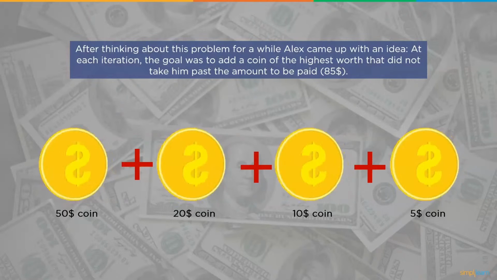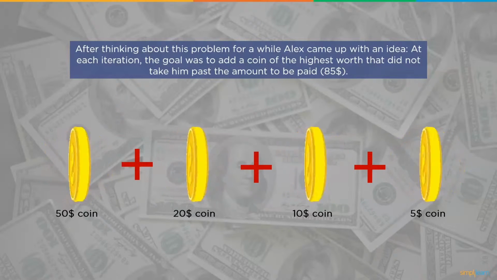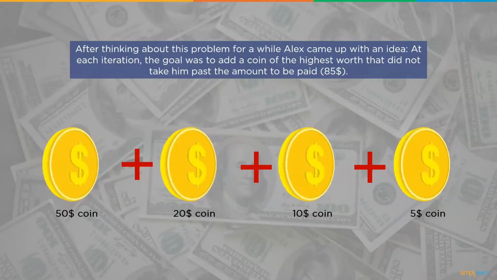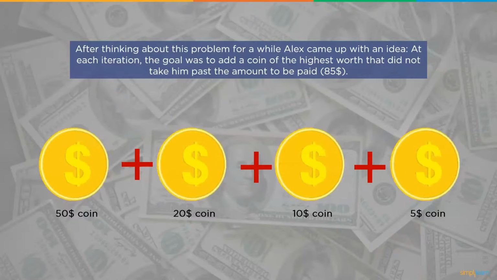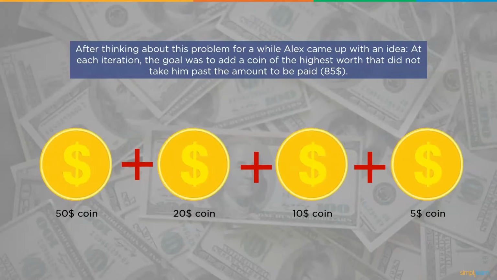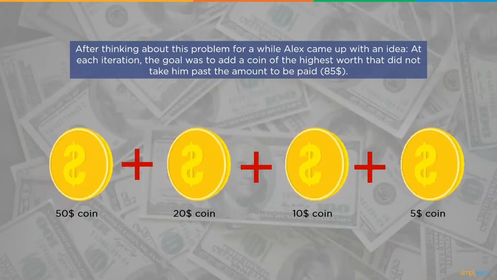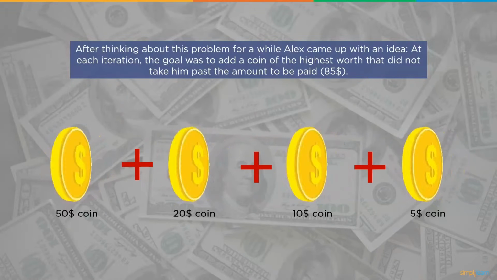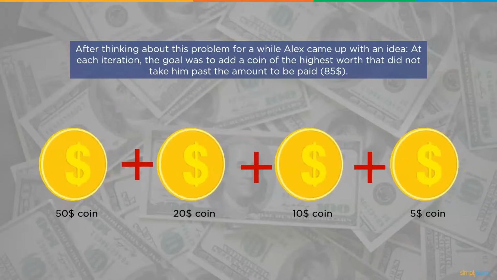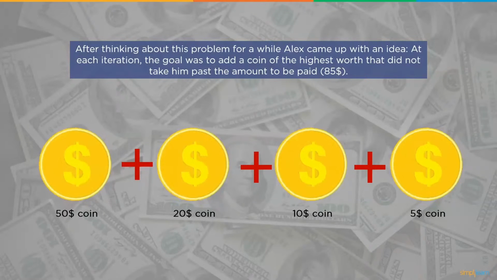For $85, the largest denomination it can start giving is $50. Now, it is still short of $35 to reach the amount, so the next largest coin the program can take in is $20. But since the program still requires $15 to meet the threshold, the next highest denomination it can accept is $10, followed by $5.